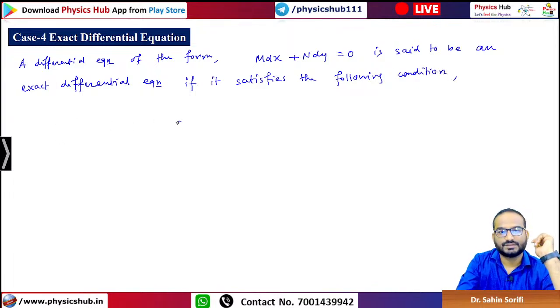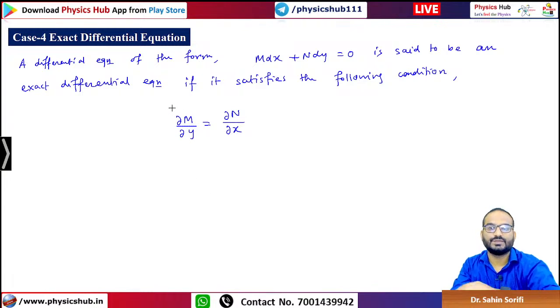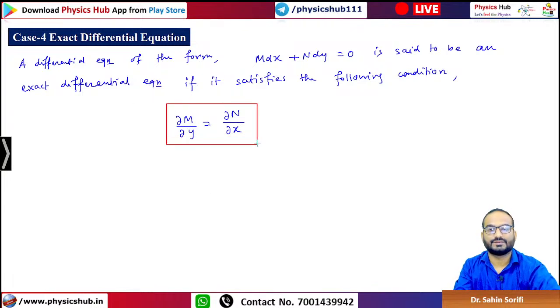The condition is del M by del y is equal to del N by del x. This condition needs to be satisfied. Del M by del y is equal to del N by del x.